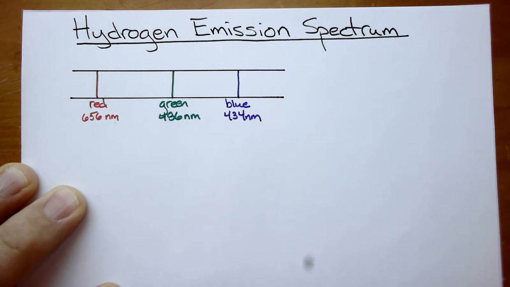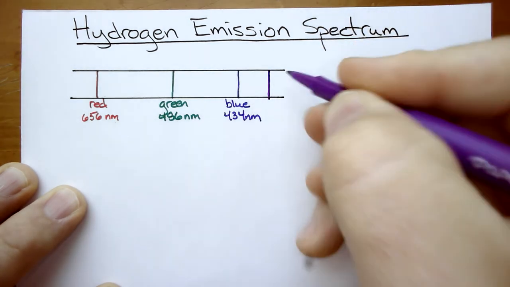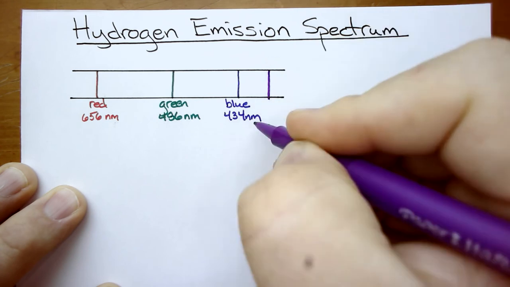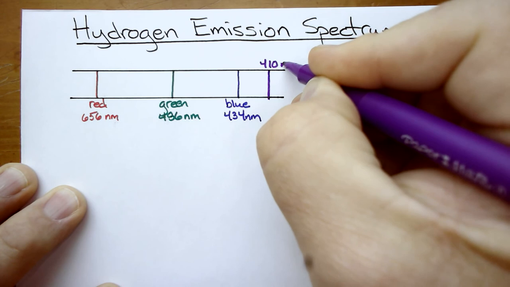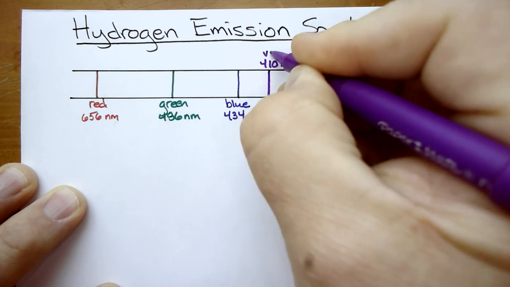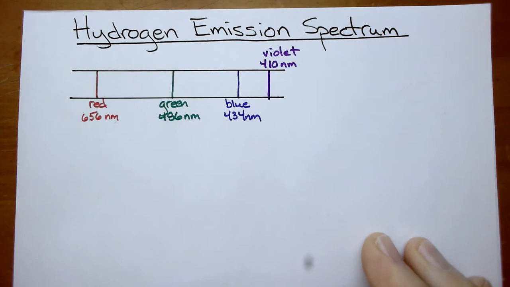And then we'd have a violet, and I'm going to put the violet above just because I'm running out of space down here, and that would be at 410 nanometers. So these are the four visible spectral lines for hydrogen.